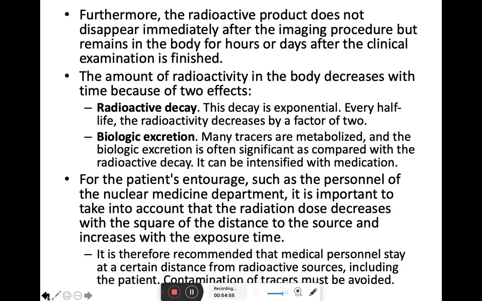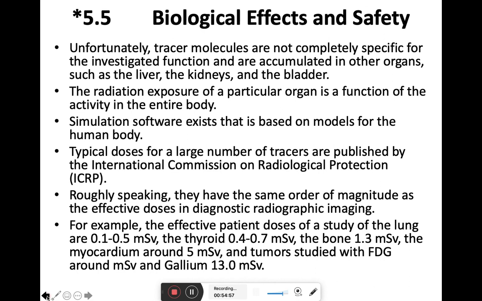For your tutorial, we'll cover the radionuclide types, radioactive types, and the biological effects and safety. We probably only have one more class.